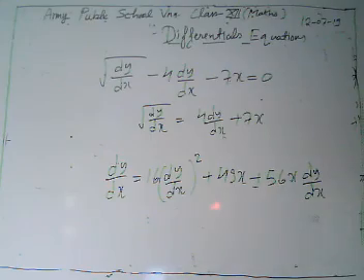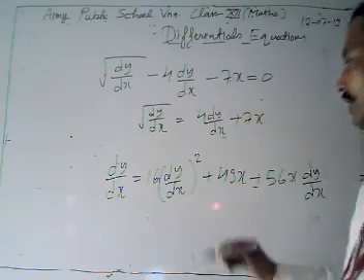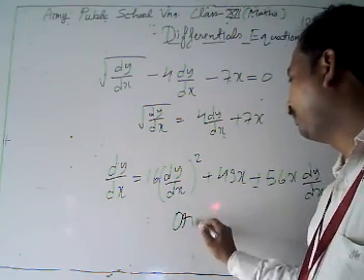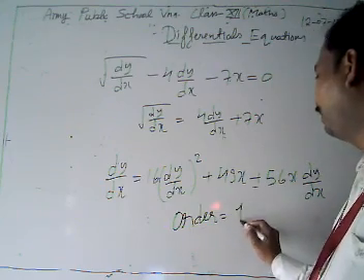The highest derivative is dy/dx, so what is our order? This is the first derivative, so the order is 1.